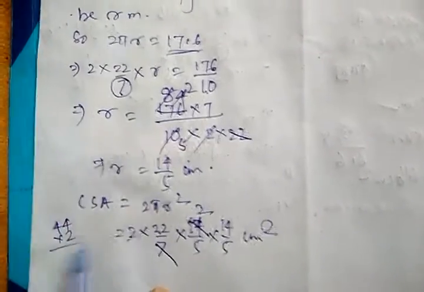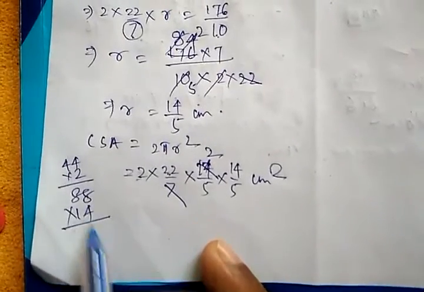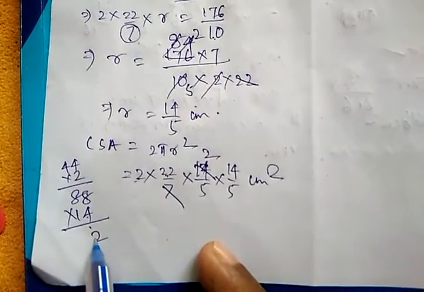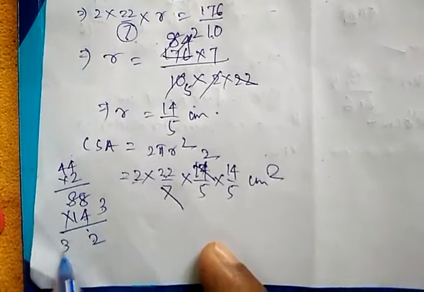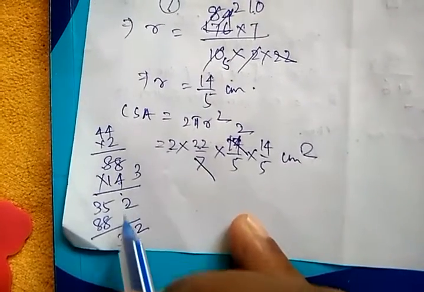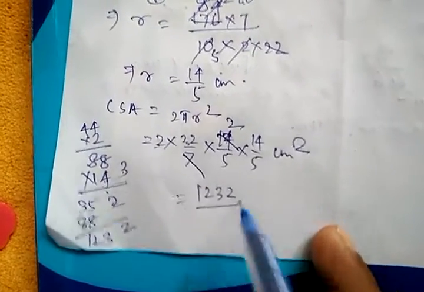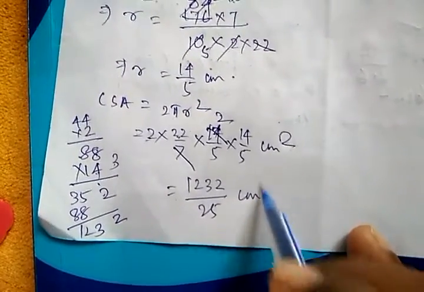So how much left here now? 2 into 22 is 44, into 2 is 88, into 14 is 1232 by 25 centimeter square. So this much curved surface area.